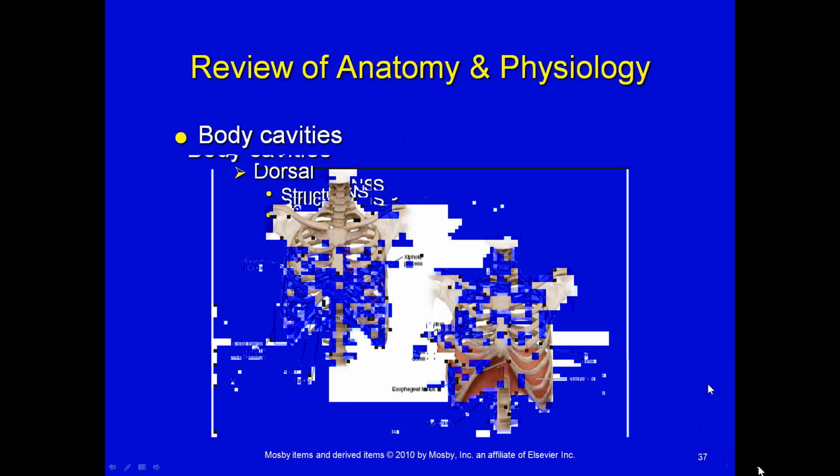When we look at the organizational structure of the body, the basic element of organization includes atoms and molecules and electrolytes.